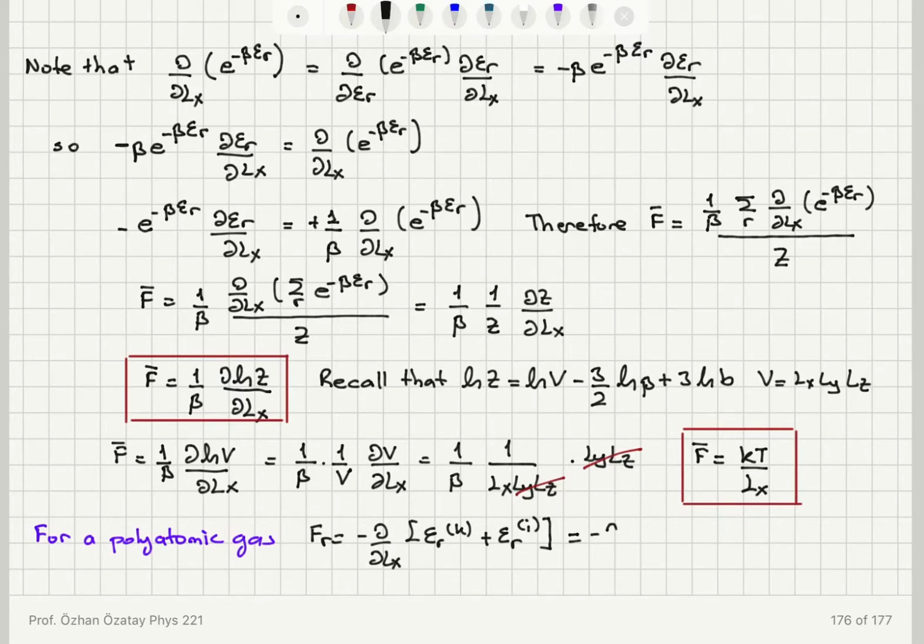So this would be the same thing, del epsilon r, kinetic term, del Lx.